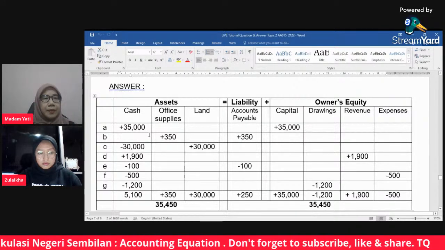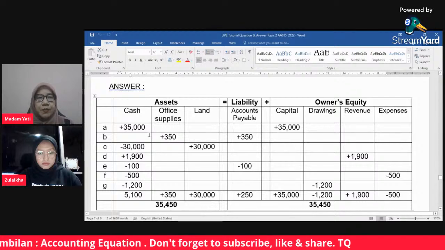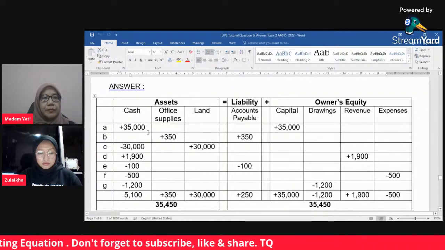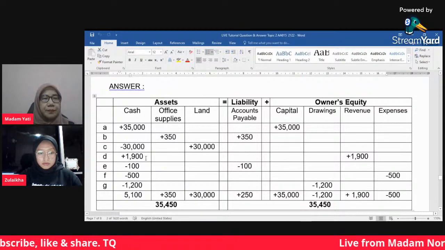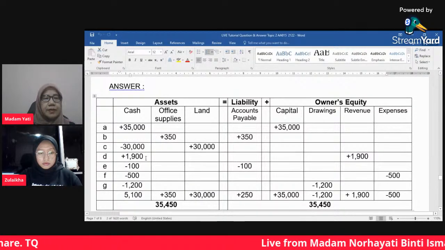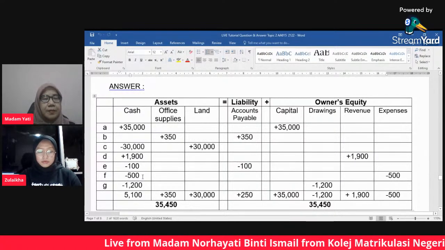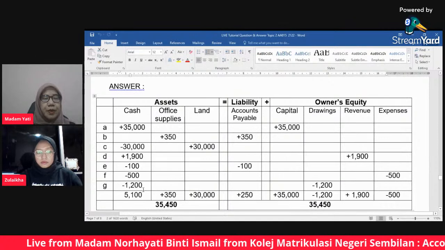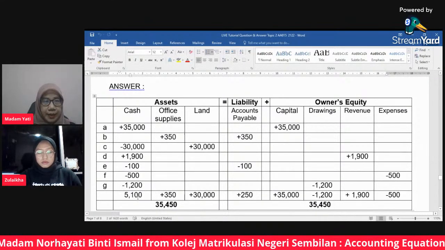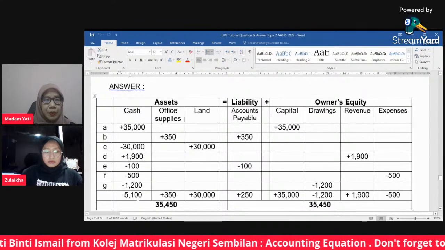The first column, cash. So you have to total for cash 35,000 minus 30,000 plus 1,900 minus 100 minus 500 minus 1,200. Then you get the total for cash equals to 5,100.